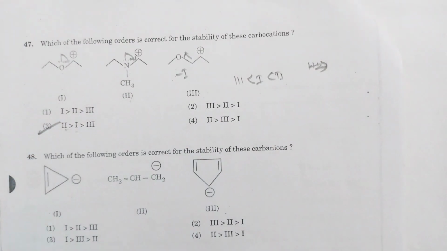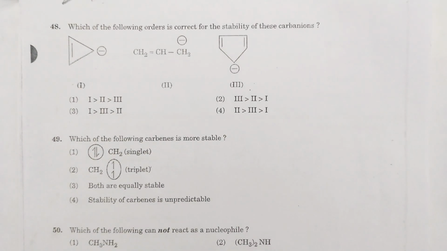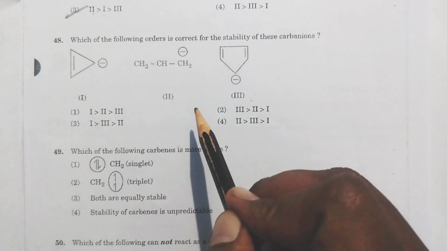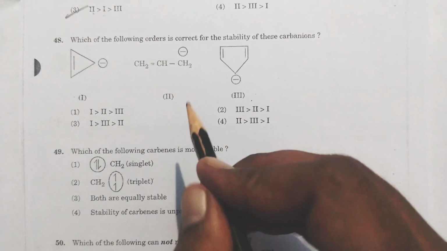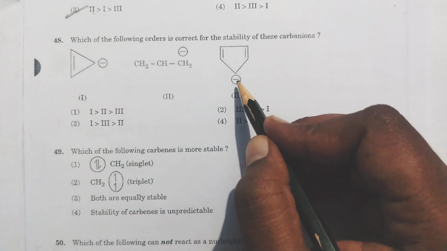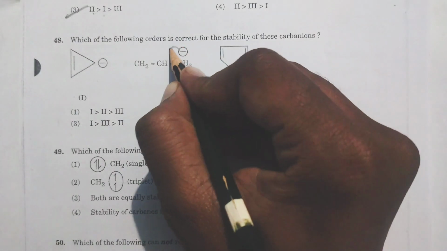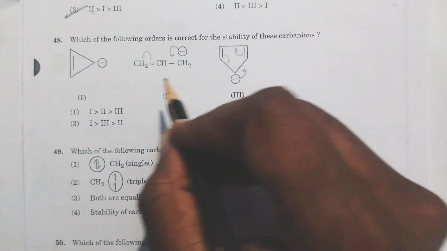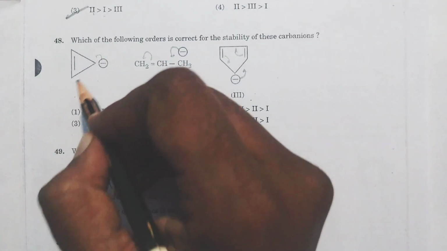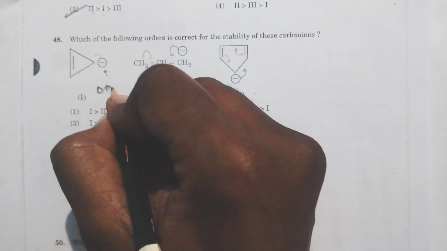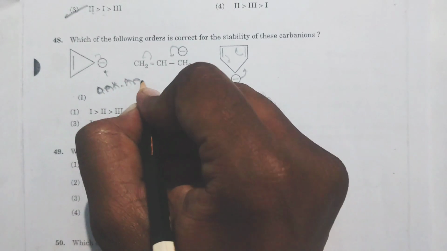Option 3 is correct. The next one, which of the following orders is correct for the stability of these carbanions? We know that carbanions are electron rich. Again, this also involves the conjugation, but due to this, it is anti-aromatic.